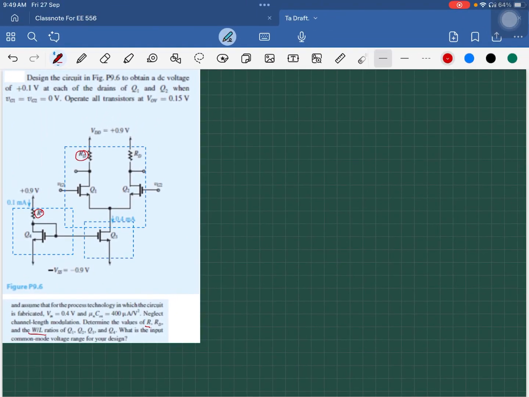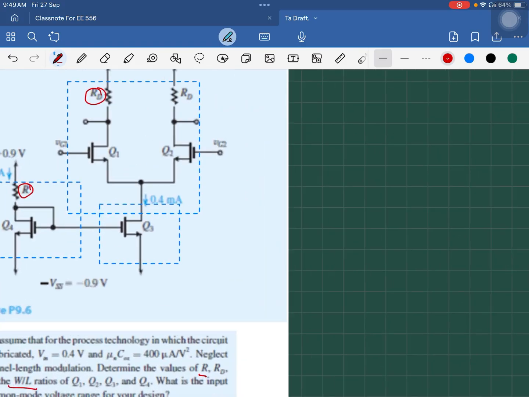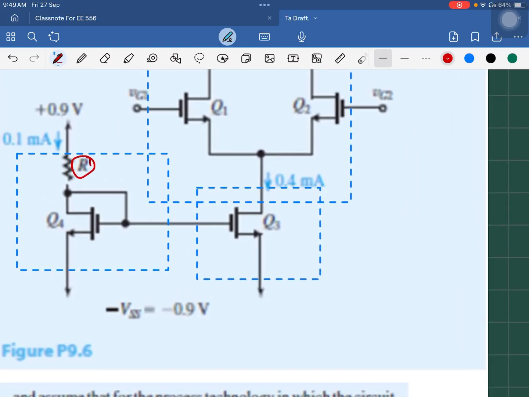At first, let us find the values of different voltages like source voltage, gate voltage, and drain voltage. So from here, zoom in a little bit. We can see that VD4 and VG4 are the same, and we can also see that VS4 equals minus 0.9 volt.